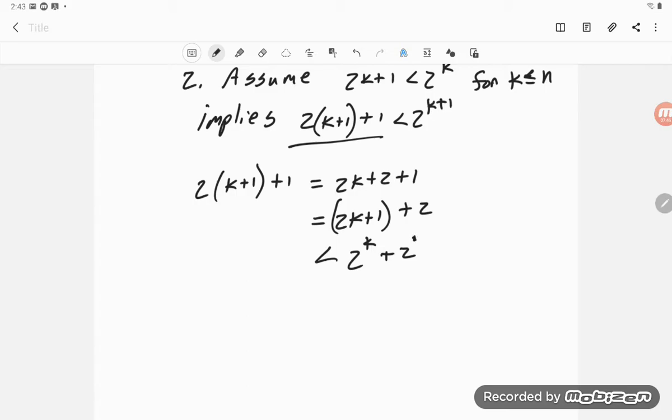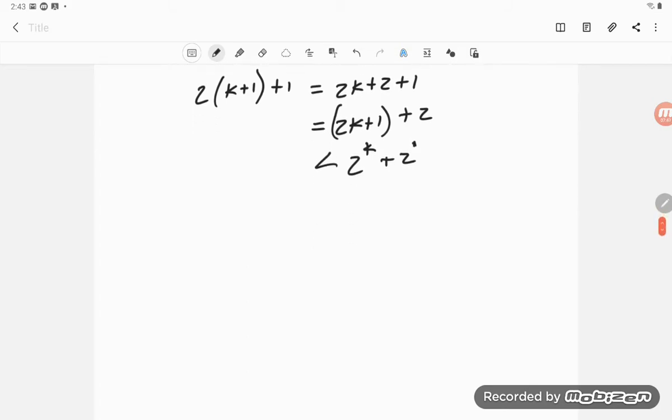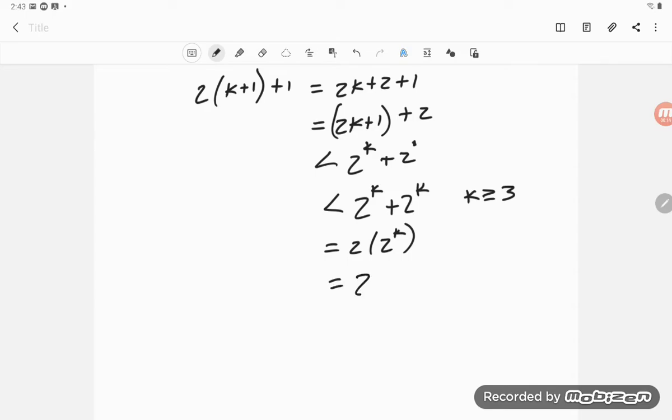Now that's 2 to the first. And so now I know that obviously at this point that's less than 2 to the k plus 2 to the k for k greater than or equal to 3. And so now that's 2 times 2 to the k, and that gives me my 2 to the k plus 1.